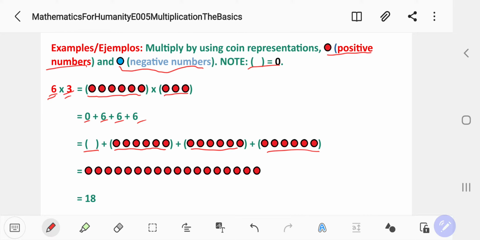So you put them all together. You have 1, 2, 3, 4, 5, 6, 7, 8, 9, 10, 11, 12, 13, 14, 15, 16, 17, 18. It takes time, but it doesn't matter as long as you get the correct answer. 6 times 3 therefore is equal to 18.